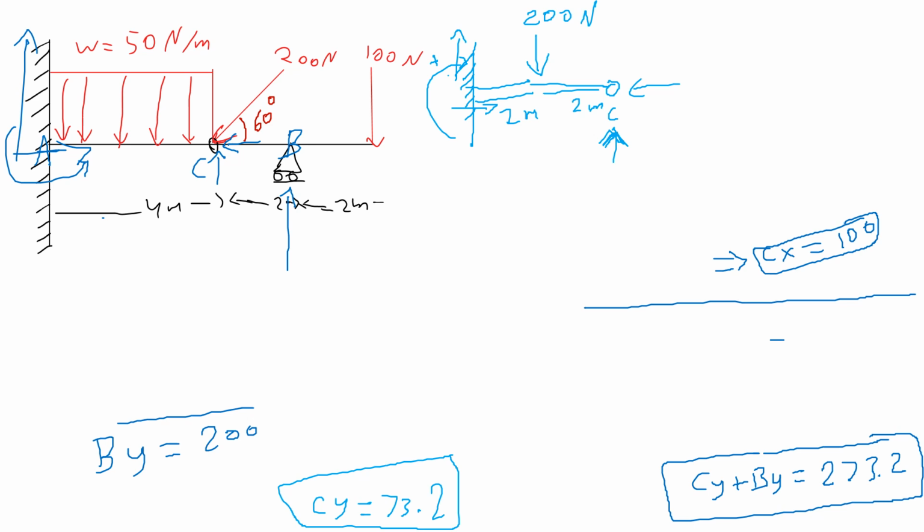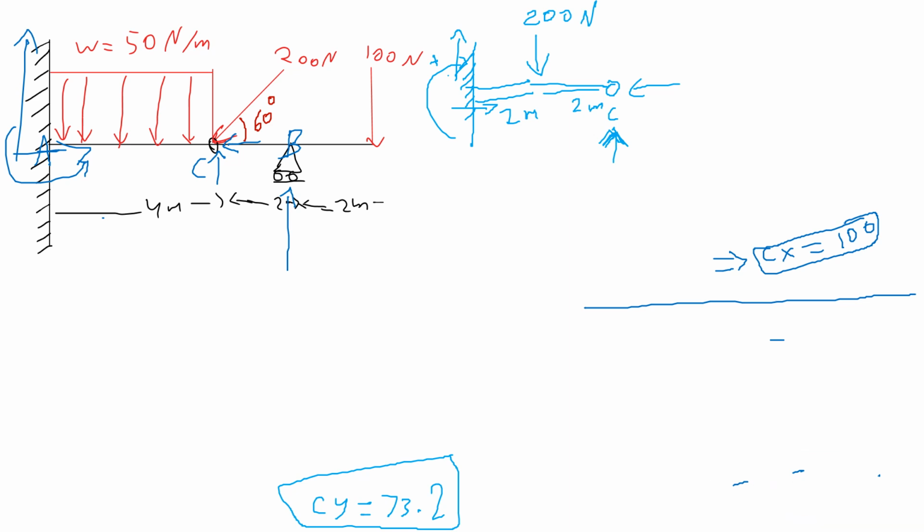So what I have is AX, AY, and MA. I'm going to start with the FX, and here I have the CX, which is 100, very important. The BY is not important here. What I need is the CX and the CY.